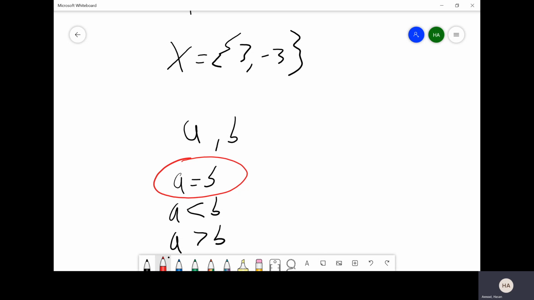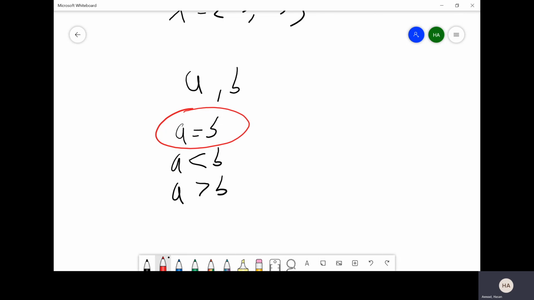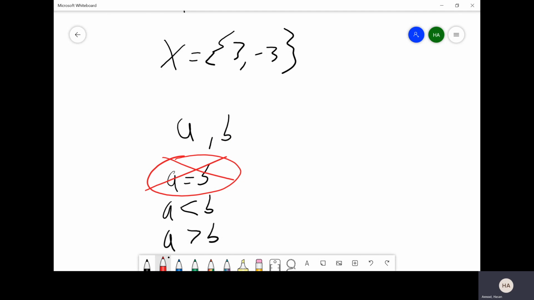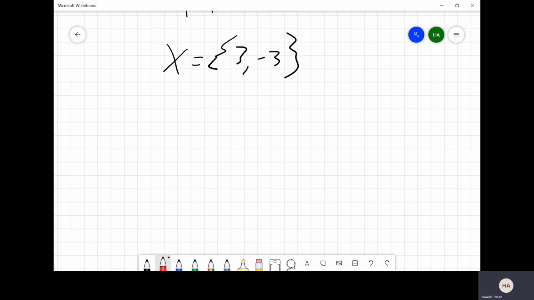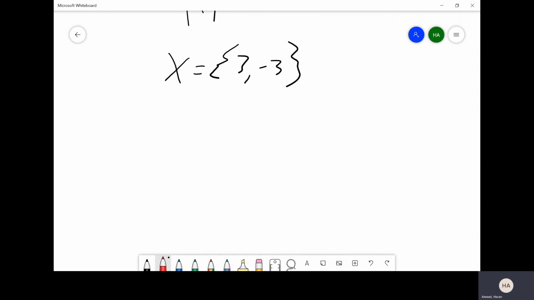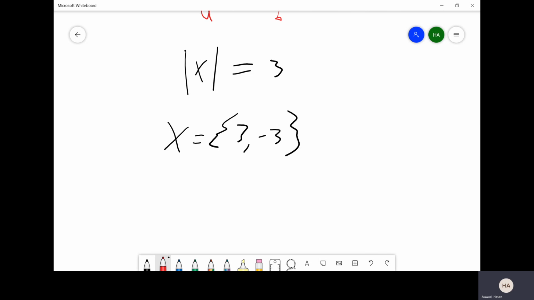By trichotomy, it can't be this one because we just solved for that one, 3 and -3. So by trichotomy, it's either going to be less than 3 or greater than 3, and it's up to us to figure out how we do that. So by trichotomy, we know that inequalities are still going to hold for absolute values. It's just a little bit different as far as how to find them.